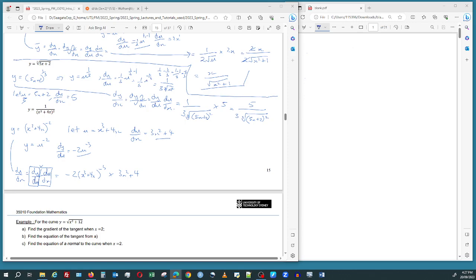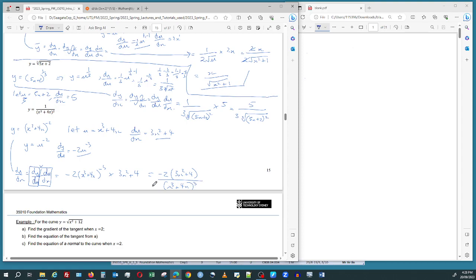Now it turns out, of course, that the minus 3 term can go down below, so it's a quotient again. You can't easily put the minus 2 through there because of that minus, so leave it at the top. These are all products, so we're going to end up with minus 2, put a bracket, 3x squared plus 4, divided by (x cubed plus 4x) all to the power 3.